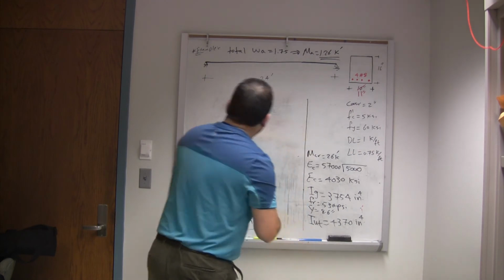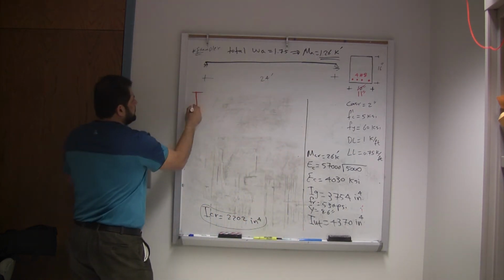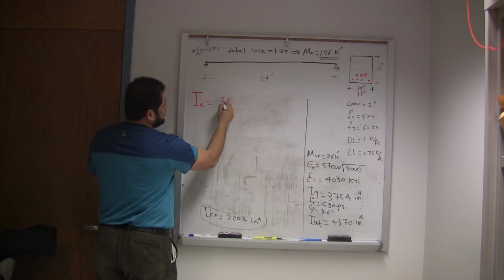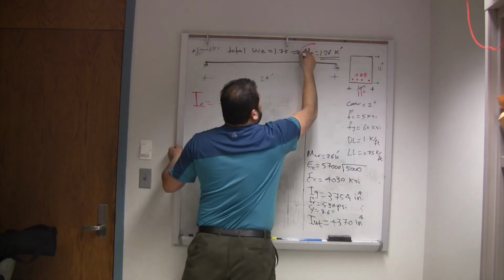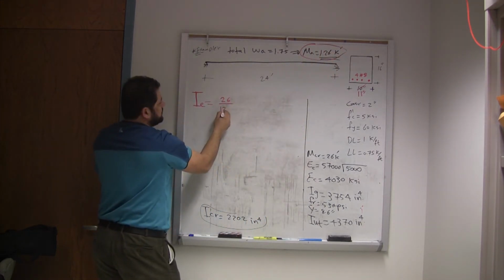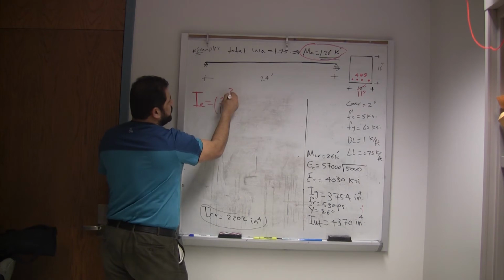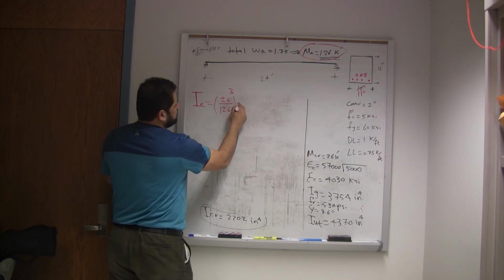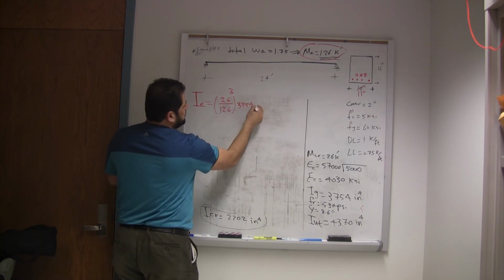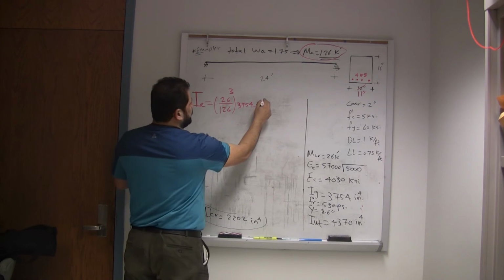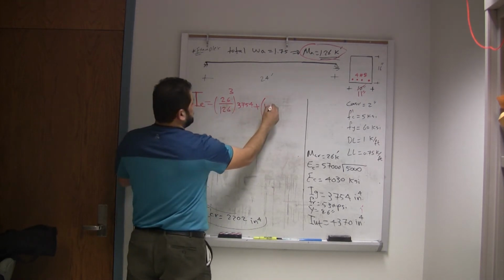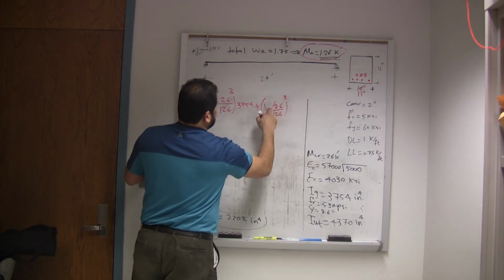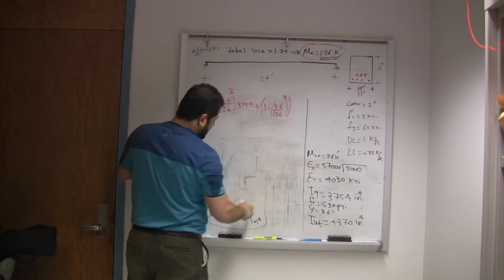So again, I effective equals M cracking, 26, divided by M a, 126, cubed, times I gross, 3754, plus 1 minus this thing, times I cracking, which is this.